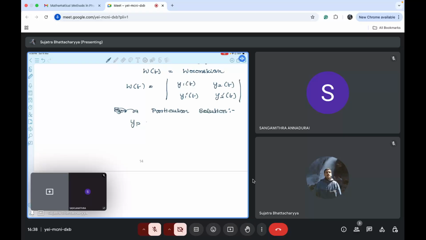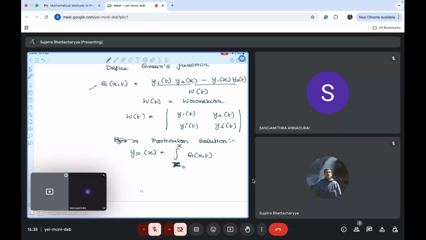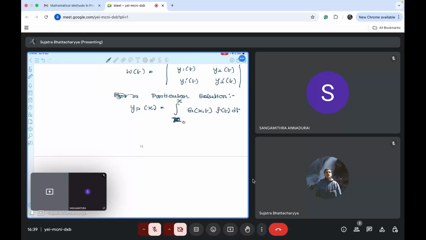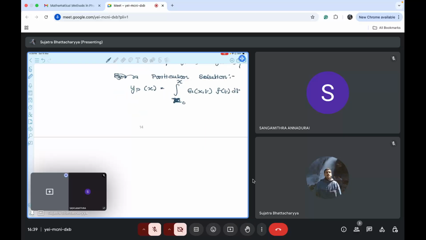Now, yp of x is the integral from 0 to x, with x naught as the initial condition, of g of x, t, which is calculated using this, times f of t dt. Now the question arises, what is this f of t? So f of t is the forcing function of the ODE.